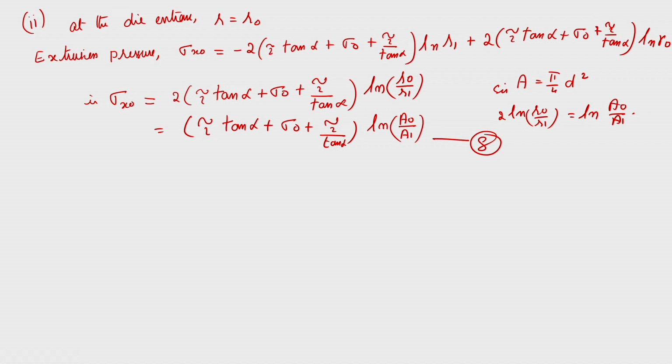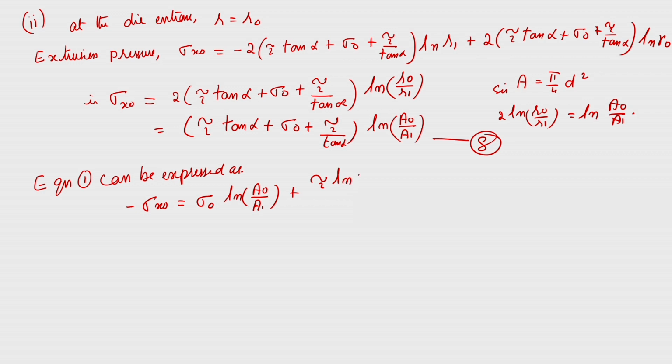Okay. Now this equation number 8 can also be written in this form. Minus sigma x 0 is equal to sigma 0 log A 0 by A 1, if you just split it and write, plus tau log A 0 by A 1 by sin alpha cos alpha.